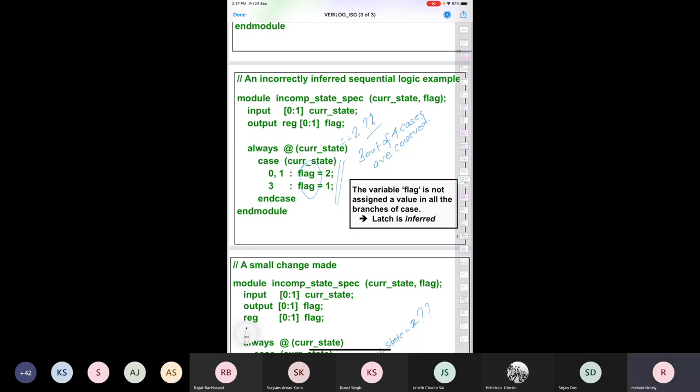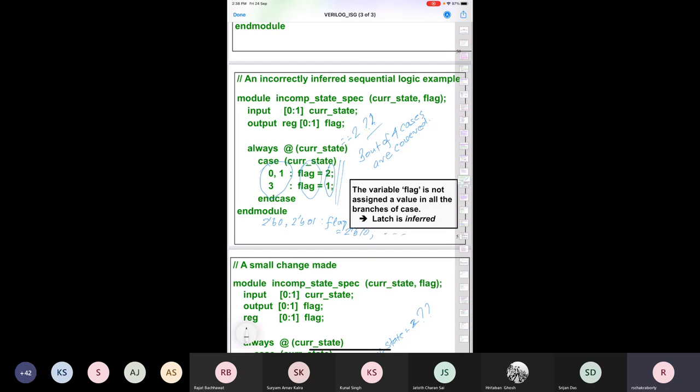Also, as I said, everything here has been defined in decimal notation. I would have probably written it like 2'b00, 2'b01, flag equal to 2'b10, etc.